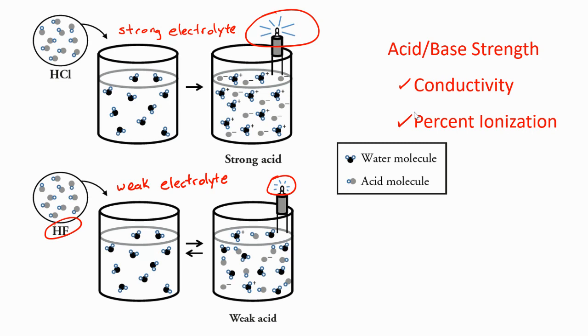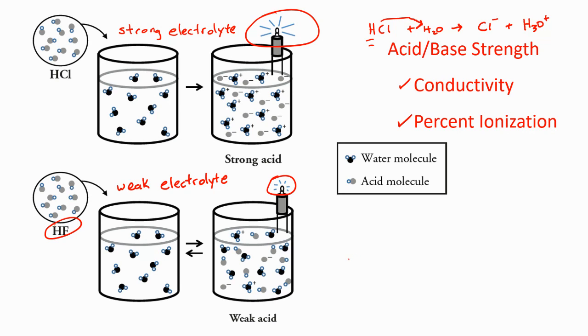So what I mean by that is if you take a look at HCl, when you put it into water, it acts like a Bronsted-Lowry acid. We learned about that concept yesterday, where it delivers an H plus to H2O, and we end up with Cl minus and H3O plus in solution.